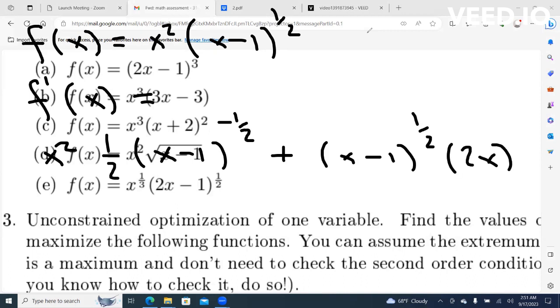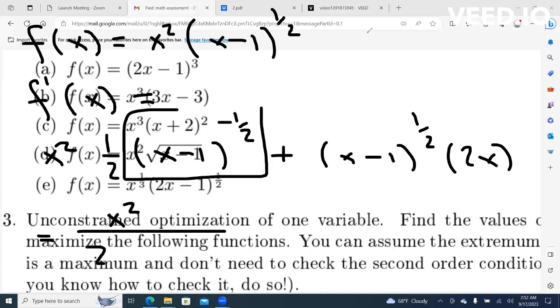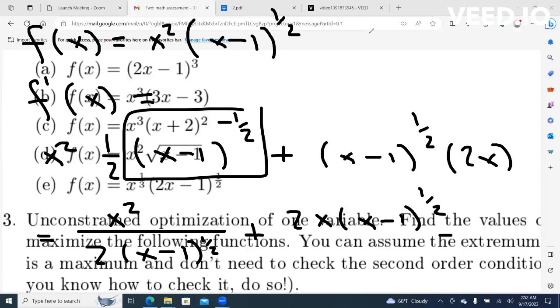Okay, so simplified a little bit. Can we do all of it at once? We have an x squared up top, we have a 2 in the bottom, and the negative exponent goes down below as (x minus 1) to a positive 1/2. Plus we have 2x times (x minus 1) to the 1/2.